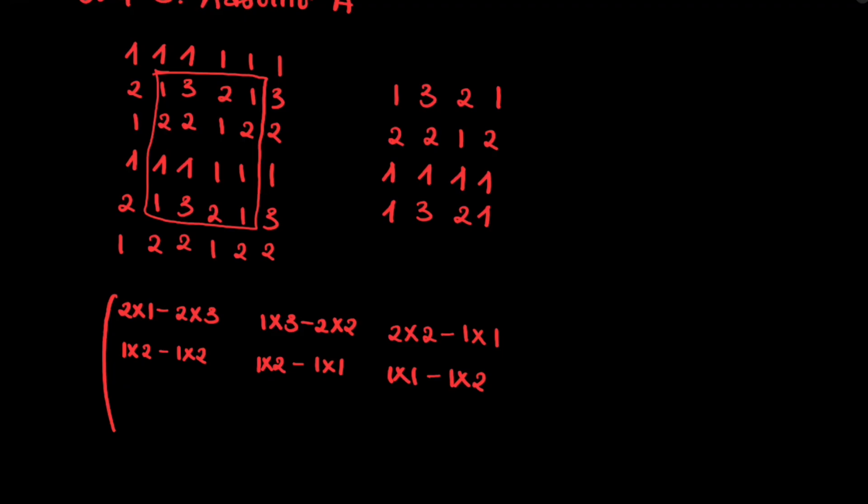We take the next. 1 times 3 minus 1 times 1. The next. 1 times 2 minus 1 times 3. And the last. 1 times 1 minus 1 times 2.